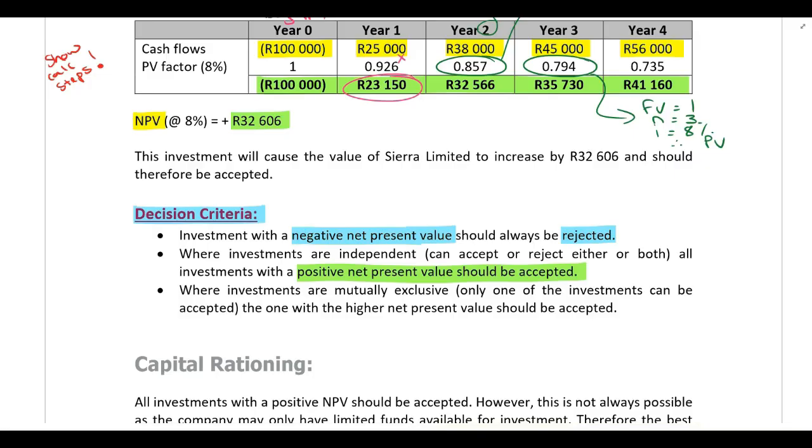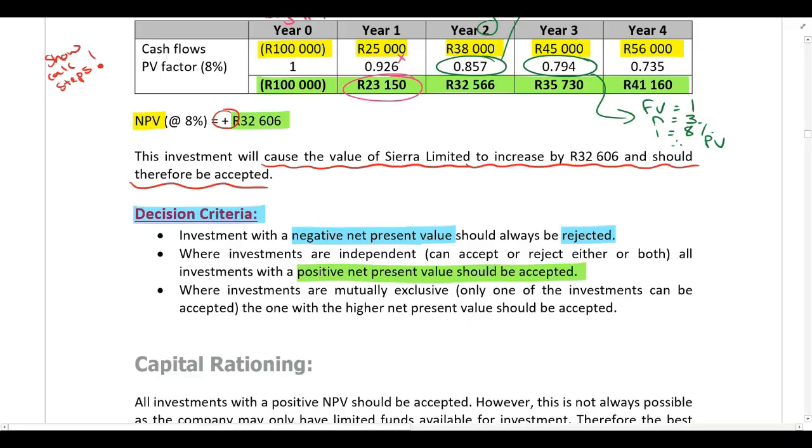So in our example above, we calculated a positive net present value. So this investment will cause the value of the company to increase by 32,606 Rand. So therefore, it should be accepted. So if you have a positive NPV, accept. If you have a negative NPV, reject.